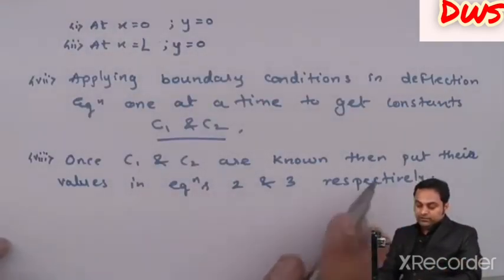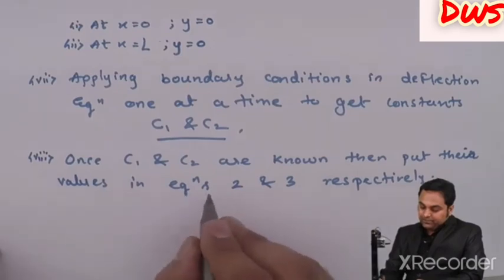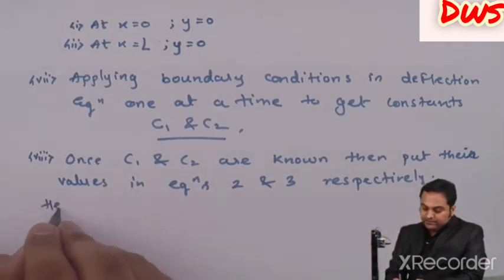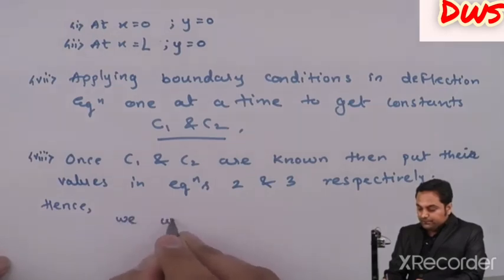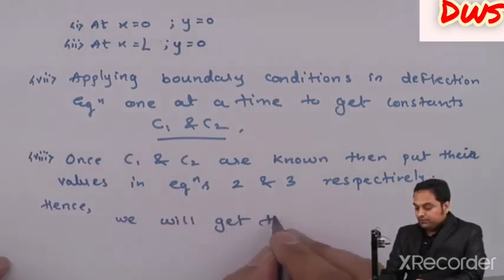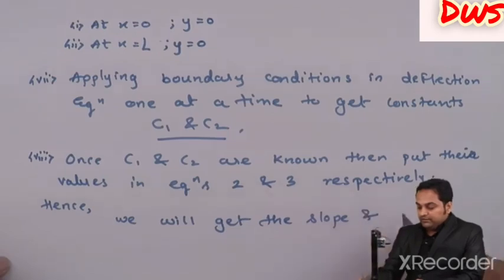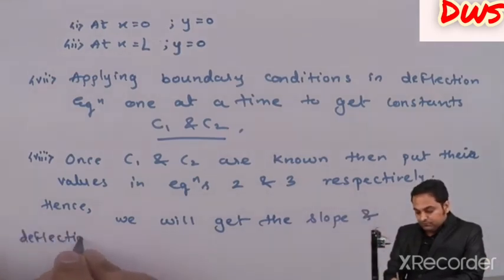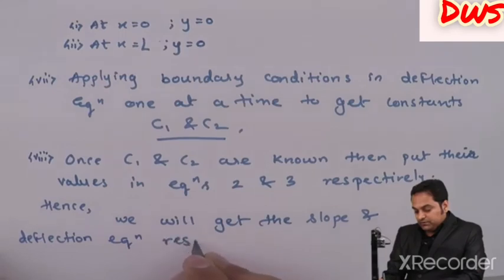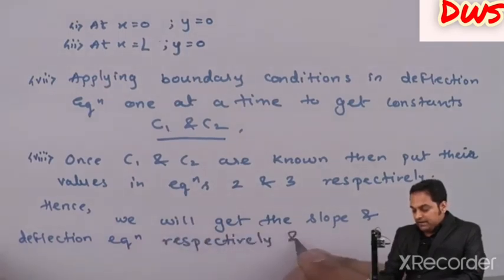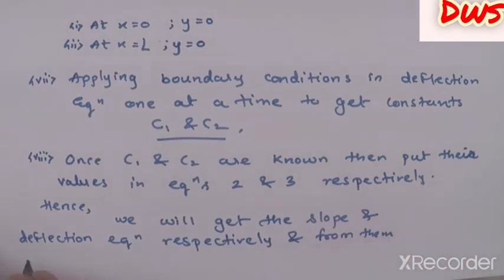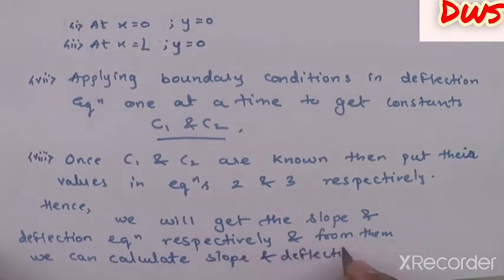Hence, we will get the slope and deflection equations respectively, and from them we can calculate slope and deflection at any point in a given beam.